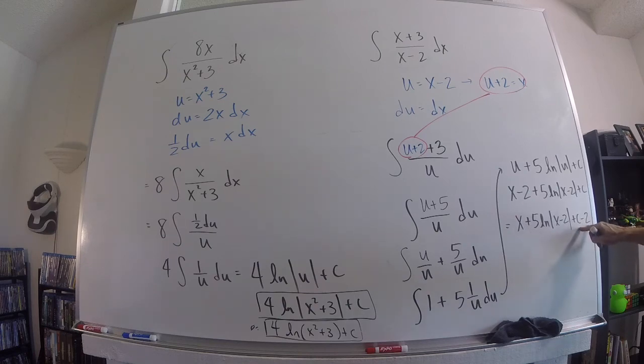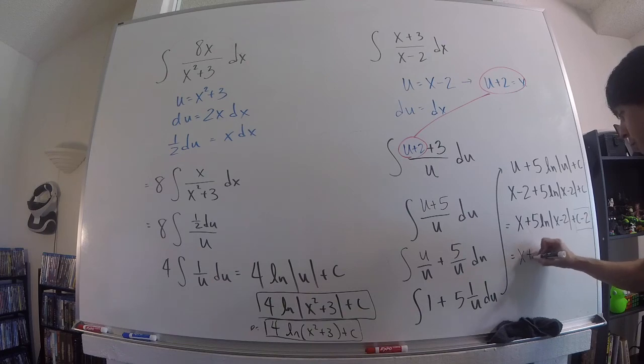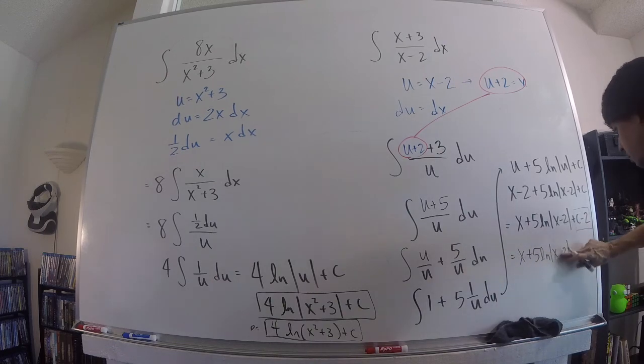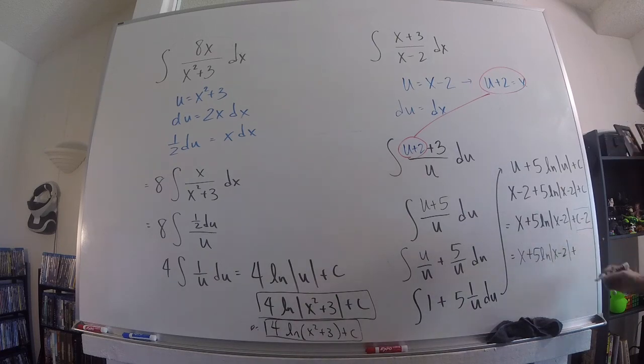When you combine it with this minus 2, because the minus 2 is a constant, this whole thing together is an arbitrary constant. So they'll absorb the negative 2 into the c, and they'll write their answer as x plus 5 ln of x minus 2 plus, and then they're going to use a different c, like a c2. So they're going to say that c2 is an arbitrary constant that's made up of just this constant minus 2.